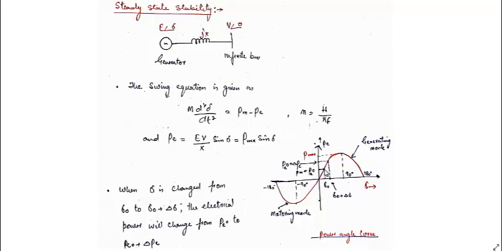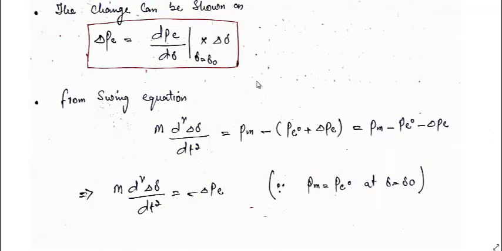So this point will shift to this point where delta is equal to delta naught plus Δδ, and Pe will be equal to Pe naught plus ΔPe. I can write this change in terms of delta. This ΔPe can be written as dPe/dδ at δ equal to delta naught, multiplied by Δδ.